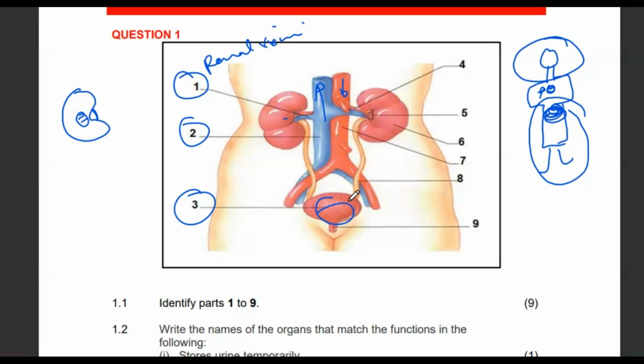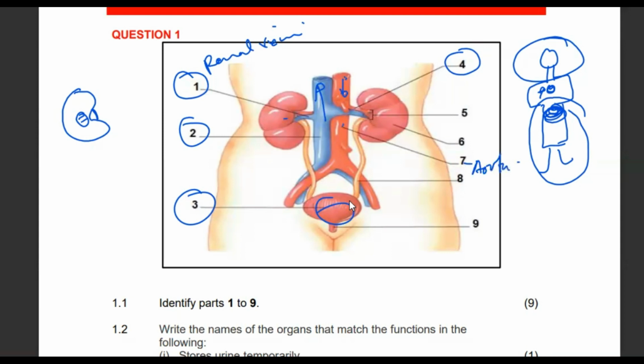Then we go to number 4. Number 4 is not this big one, because there is a difference between this big one, number 7, and the one which branches off. The same way I explained, this big one is the aorta.